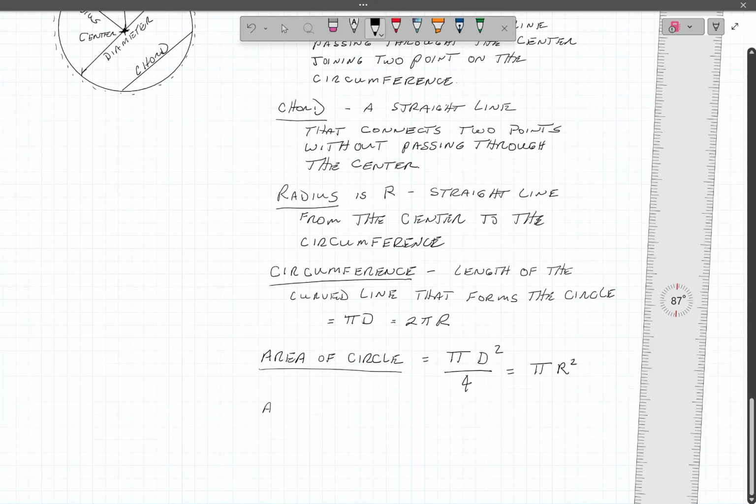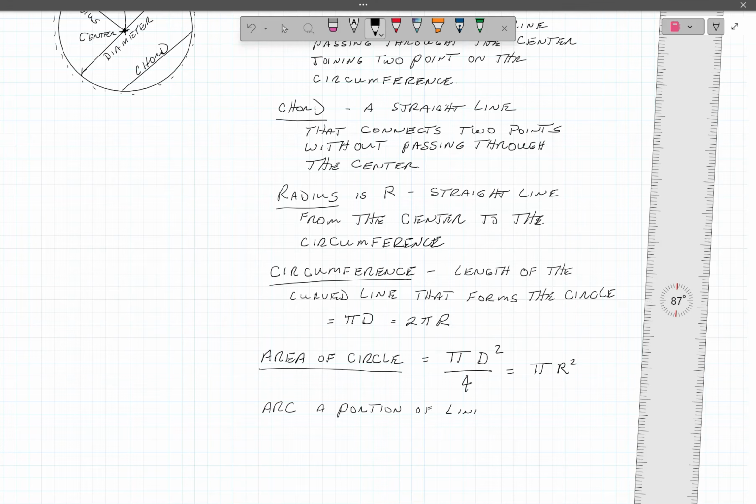An arc is a portion of the line on the circumference between two radii.